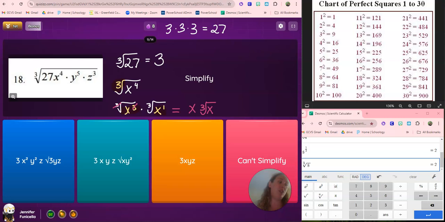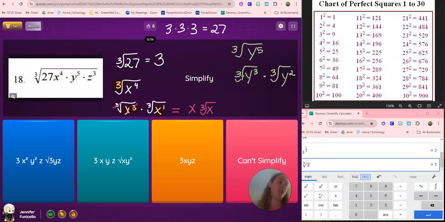We also have the cube root of y to the 5th, the next piece under this radical symbol. So again, just split it up. We want to make a group of 3 if we can. If we can, then we can pull a y out. 5 is bigger than 3, so we have a group of 3, and we'll need to have y squared under that cube root symbol. 2 y's, y squared.